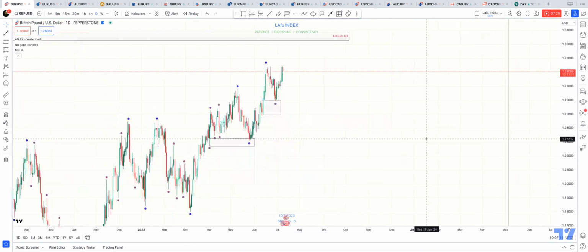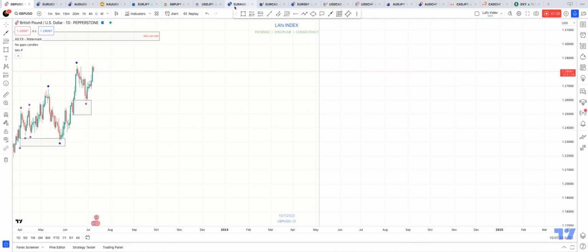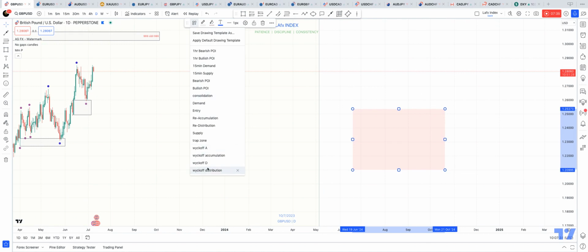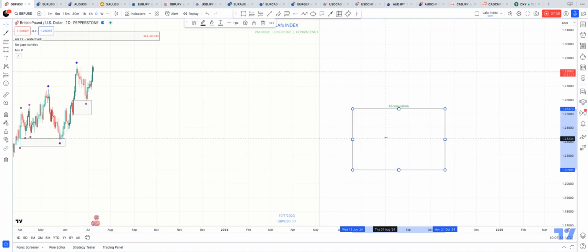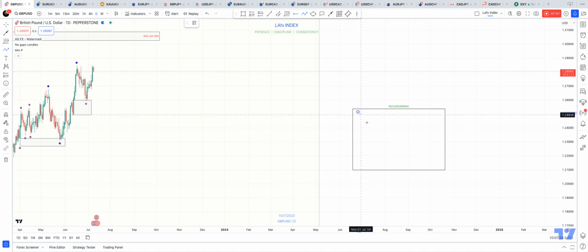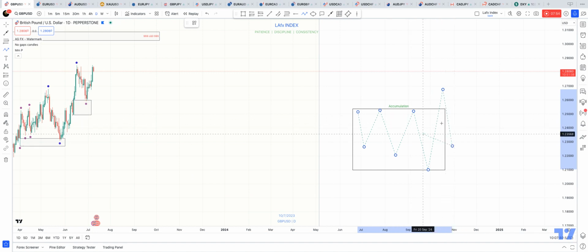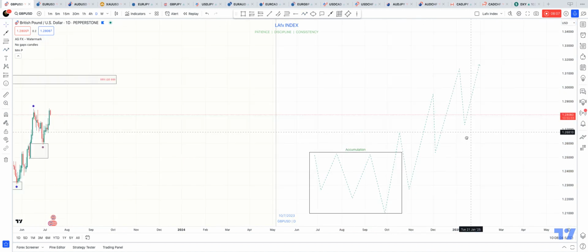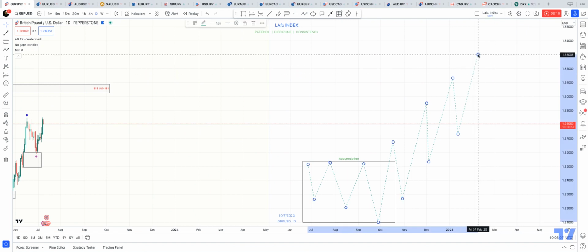So one thing that I have realized is that after an accumulation, depending on how price breaks its accumulation, price always follows, price always respects demand all the way to the upside until it decides to distribute, right?